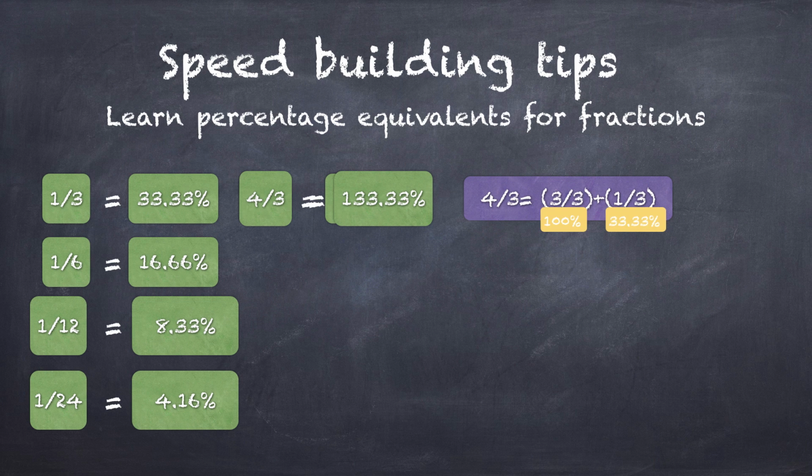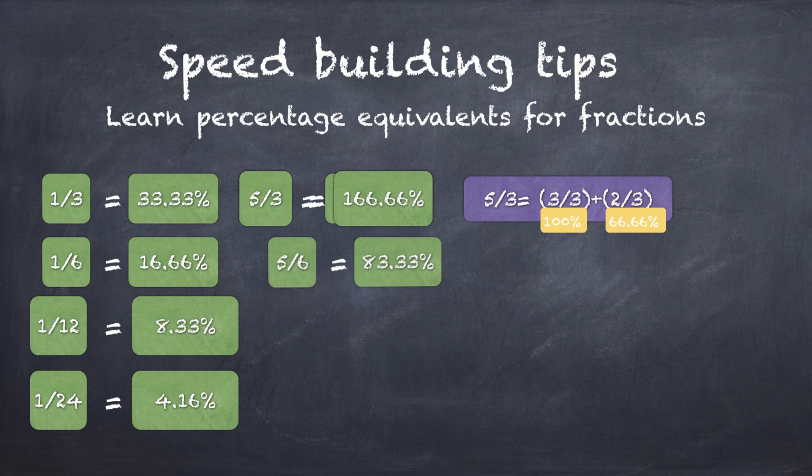Let's try the same thing with 5 by 3. 5 by 3 is 166.66%. You can directly multiply 33.33 into 5, or you can split the fraction into 3 by 3 and 2 by 3. 3 by 3 would become 100% and 2 by 3 would become 66.66%. Add them and you get 166.66%.